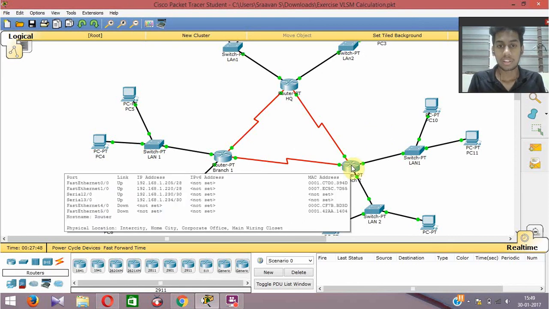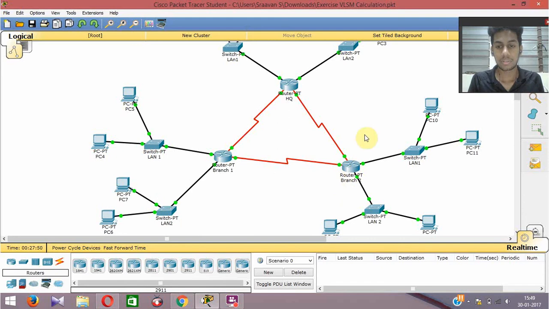For this we need to configure RIP, which is also known as Routing Information Protocol.